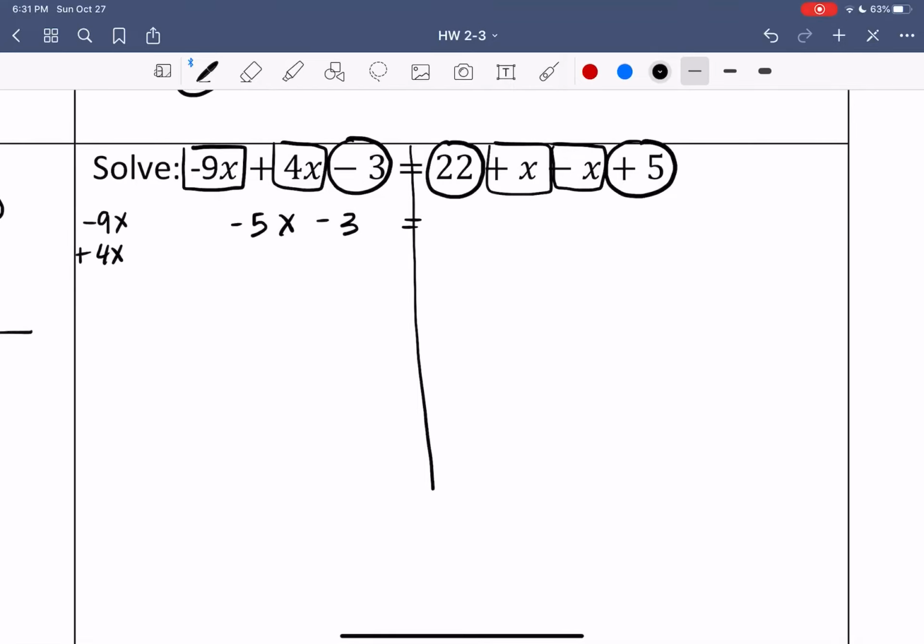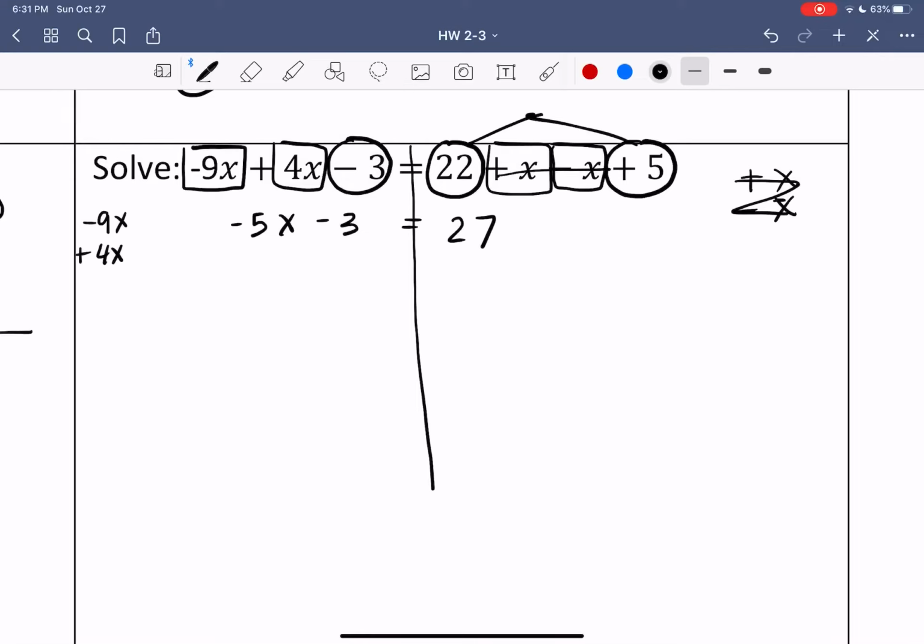But on this side we have 22 and 5 that we need to combine, which will give us 27. And then we have x minus x, which would be 0. So that's what we'll be left with, because positive x minus x will become 0. So these two cancel each other out.